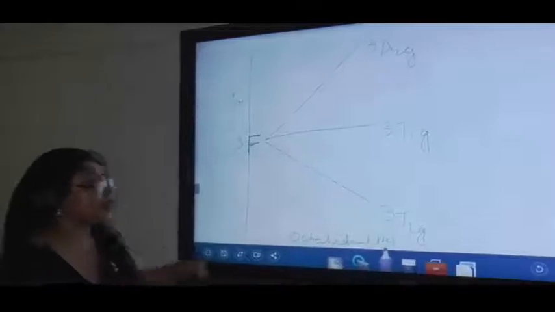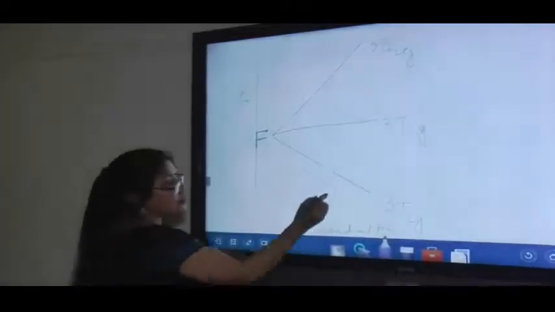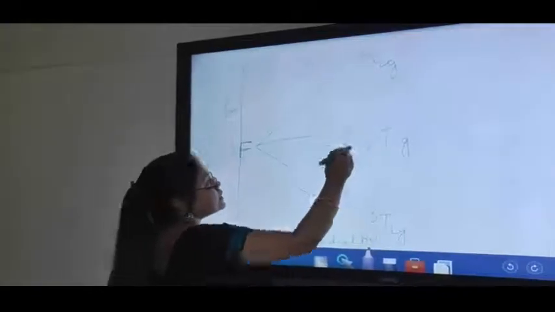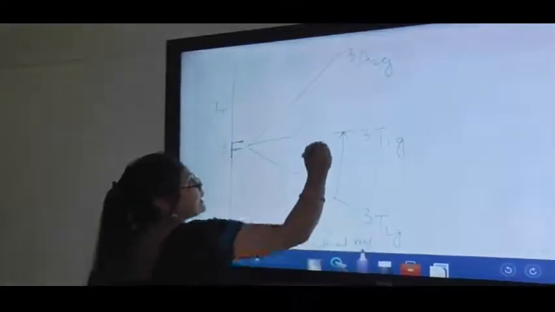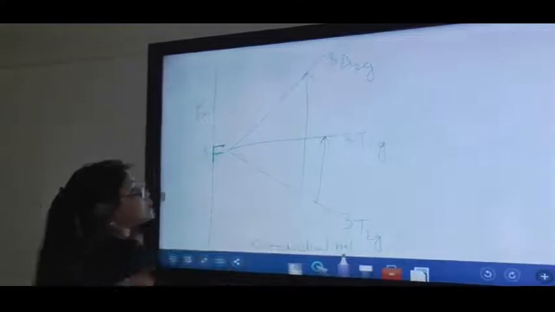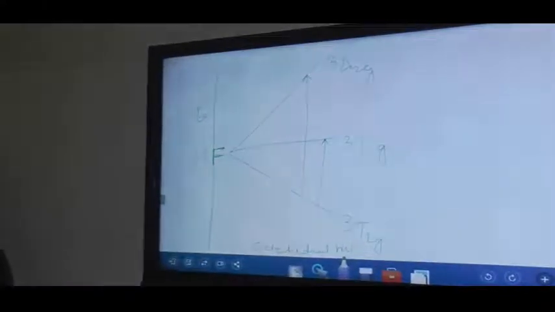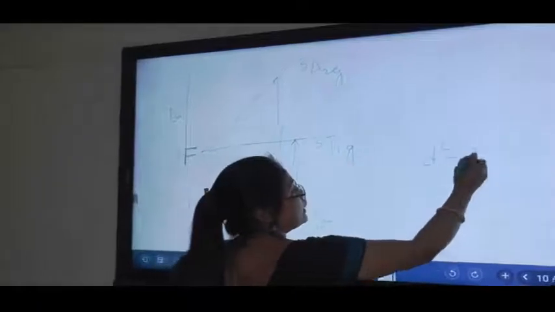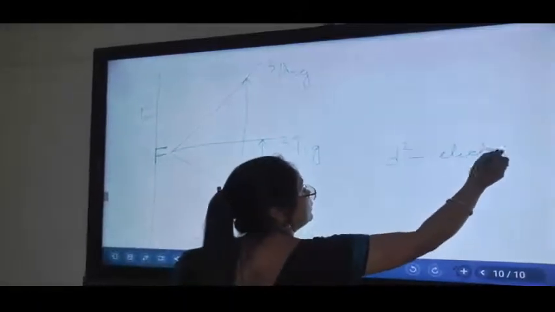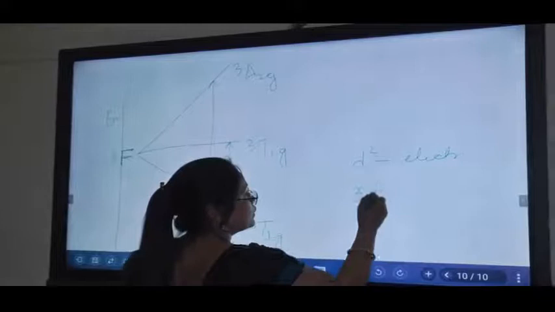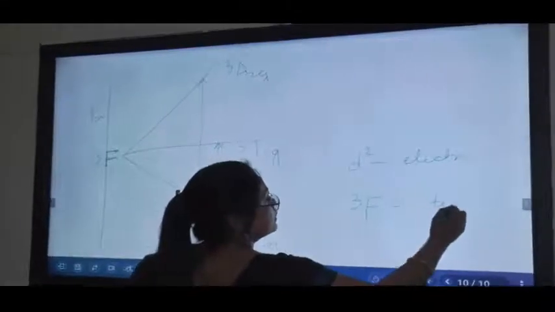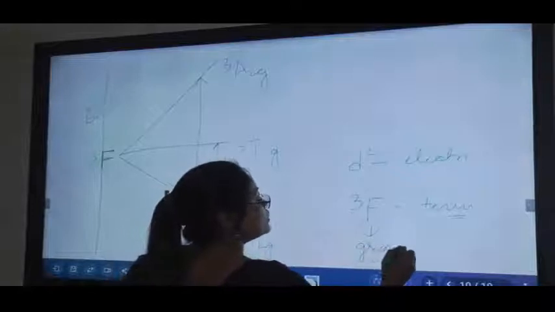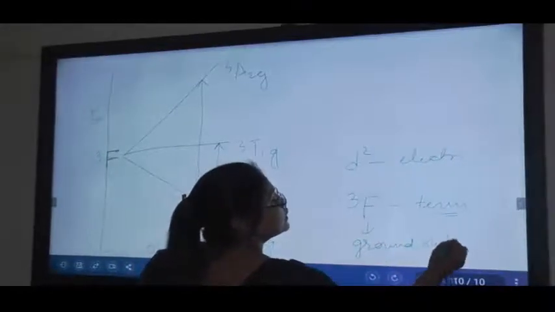Now, this is the ground state. How many transitions? This is of lowest energy, so there can be one transition from this to this, and there will be a second transition from this to this. So, here this is for D2 electronic configuration, but of 3F term, and that is the ground state term.